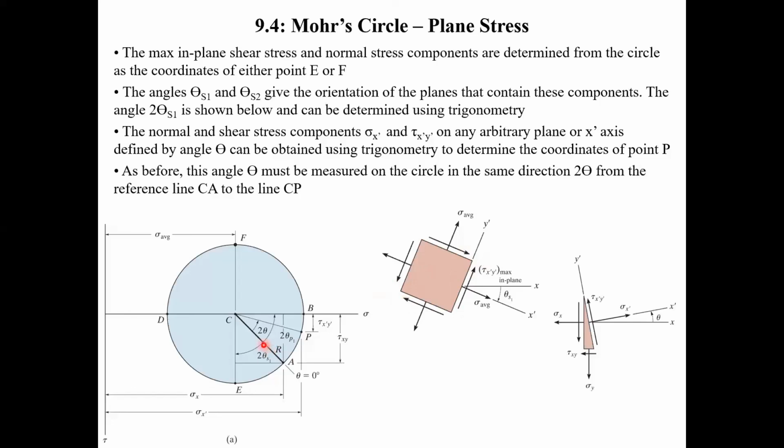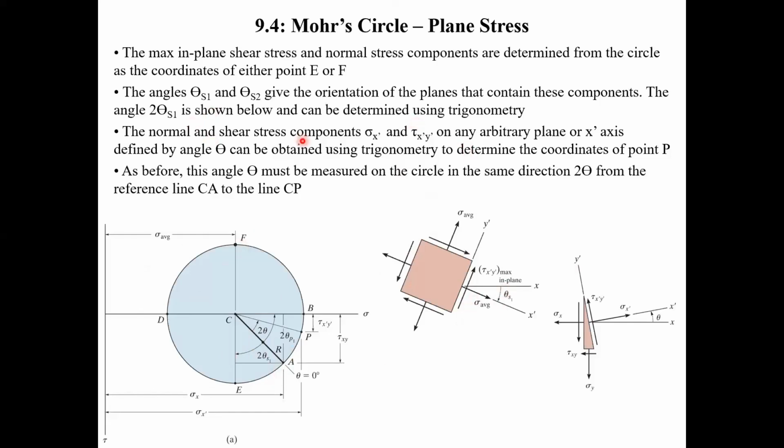Okay, and remember that same thing for 2 theta S1. If we're rotating 2 theta S1, that corresponds to theta S1 on our actual element. Okay, Mohr circle is just a visualization, a representation of what's happening, but we are using 2 theta instead of theta to get it to be a circle.